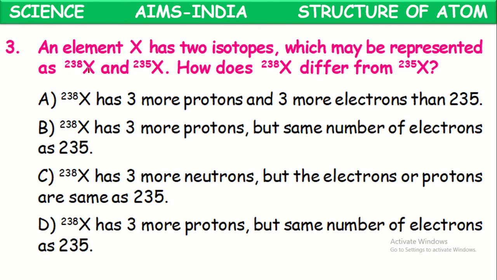So the difference is because of the greater number of neutrons in X238. How many? 3 neutrons. So X238 has 3 more neutrons, but electrons and protons are the same as in X235. This is correct. Only the number of neutrons differs for isotopes.